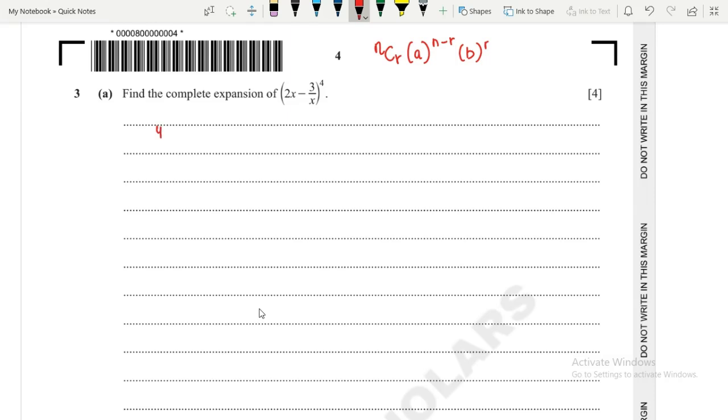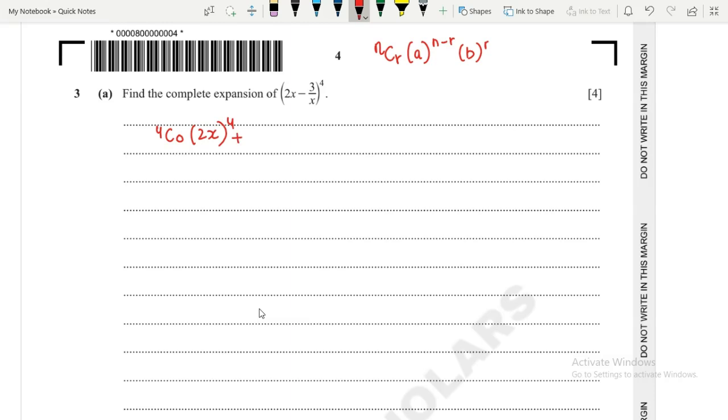So it becomes 4C0 first, and this will be (2x) to the power 4, and because r is 0, b will be to the power 0, so no need to write that. And because there is a minus sign, we have to accommodate for that.